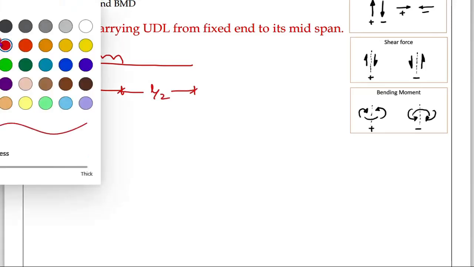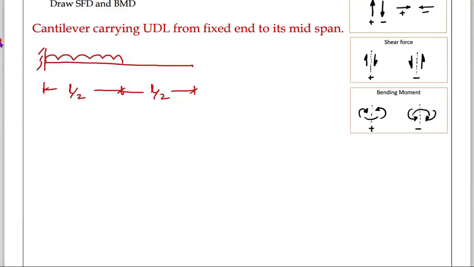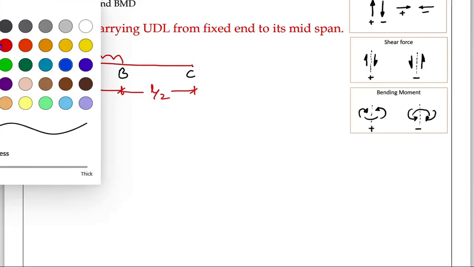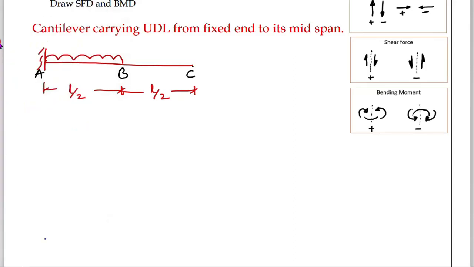Now you can consider point A, this is point A, this is point B, this is point C. You work it out. I will give you a diagram, then you can work it out. At this point shear force is 0, at this point shear force is 0, at this point shear force is there. How much is there? For that you have to convert this into a point load, or dotted point load.